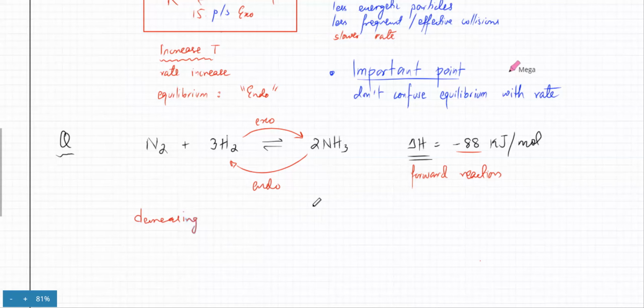The question is decreasing temperature, and which reaction is favored? The equilibrium would favor which reaction? Now, if you decrease temperature, the rule is equilibrium favors the exothermic reaction.